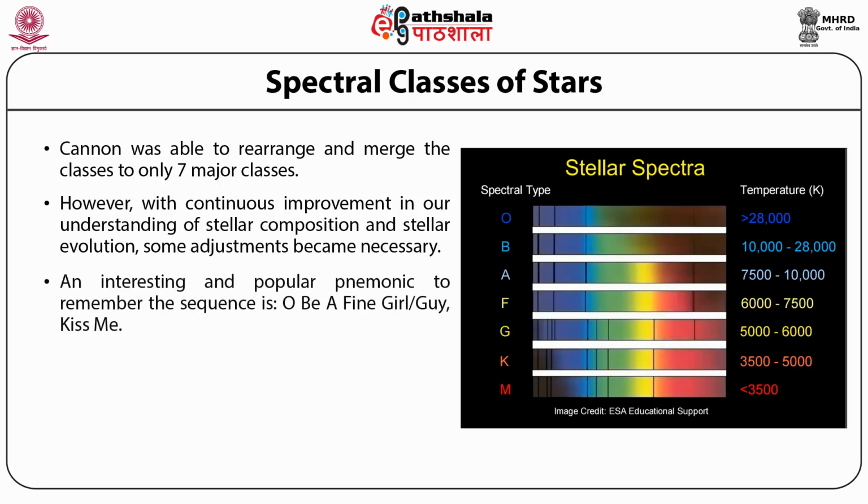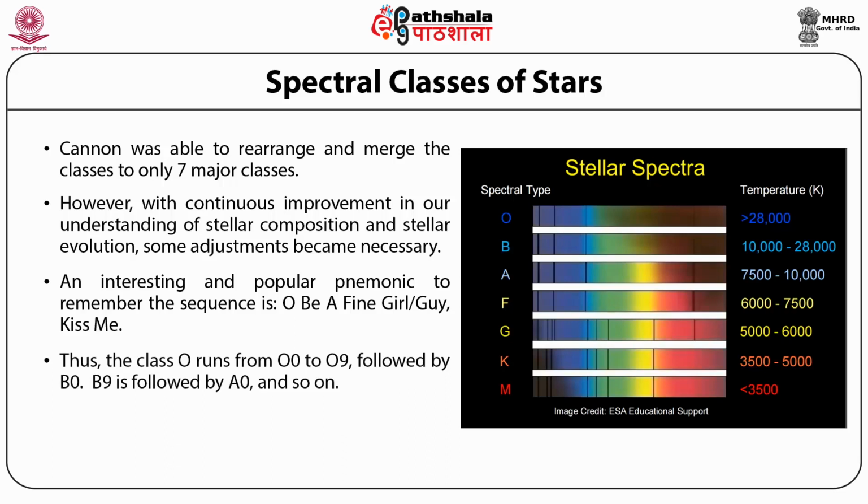An interesting and popular mnemonic to remember the sequence is "Oh Be A Fine Girl, Kiss Me." Each major class is further subdivided into 10 subclasses denoted by the numbers from 0 to 9.